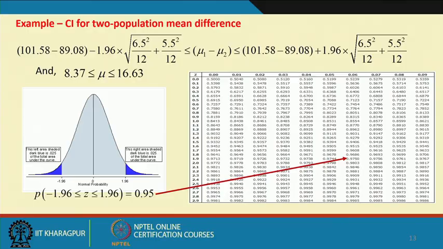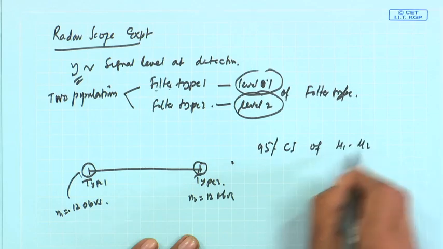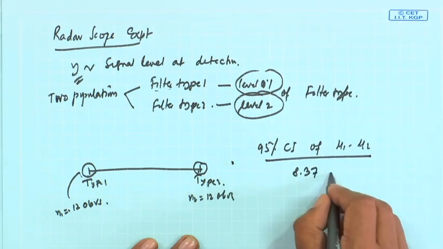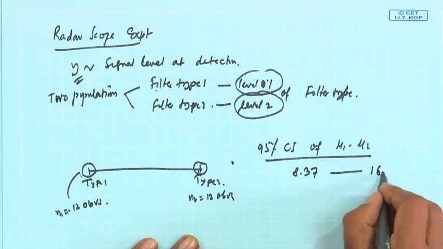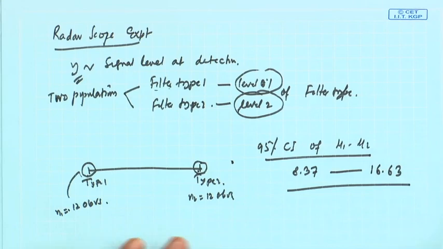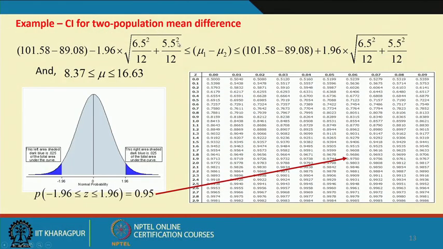That means the 95% confidence interval of mu 1 minus mu 2 in this case is 8.37 to 16.63. So, what is your interpretation?